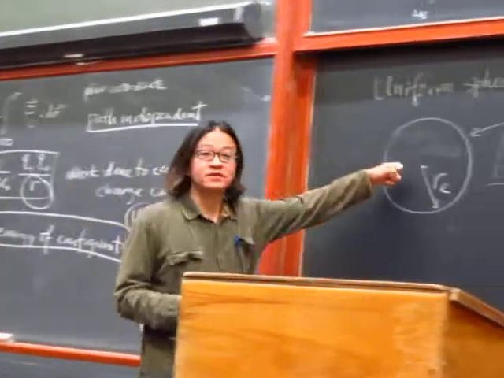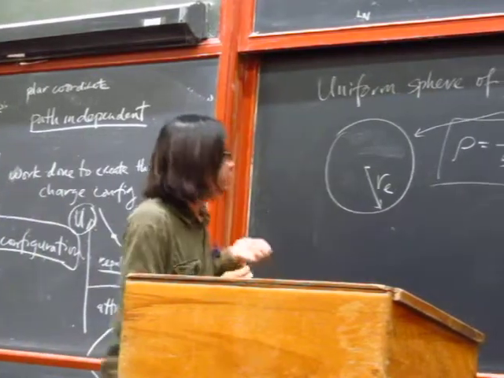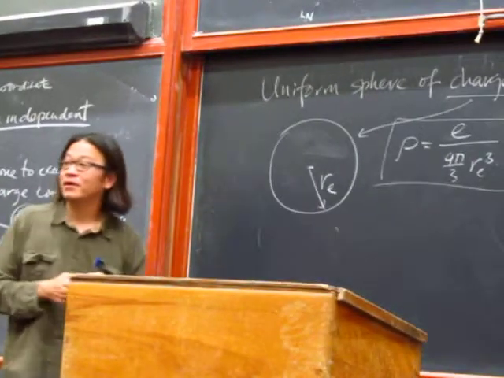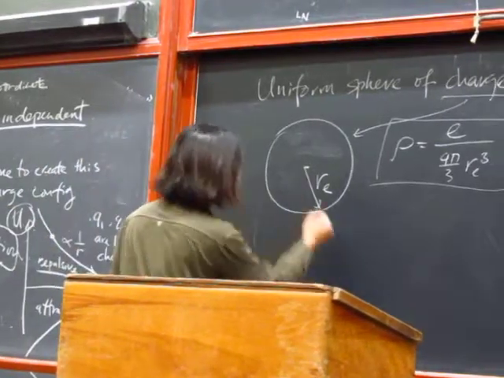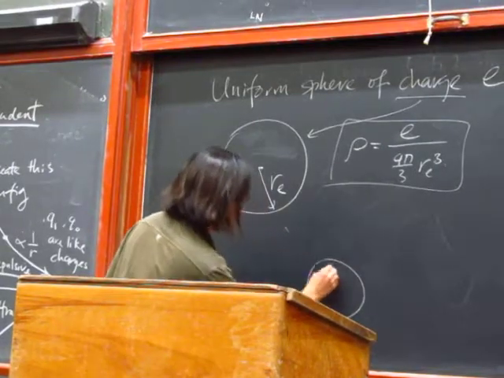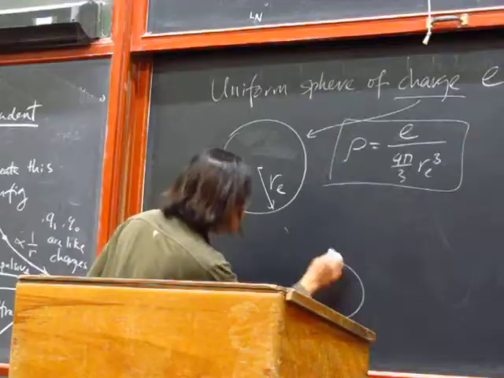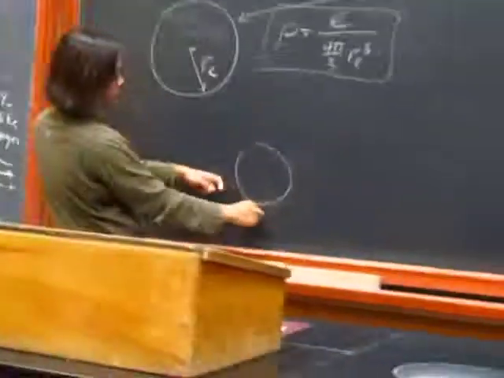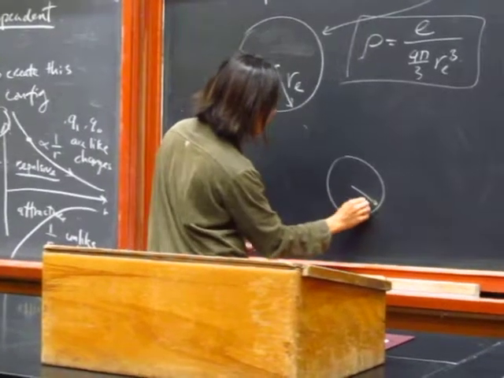So how do we do this? The way I'm going to do this is I'm going to build this electron differentially, part by part. So this is the density. Suppose I already have a partial ball of electron of radius r.